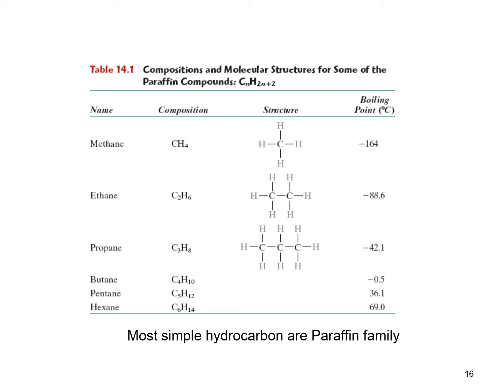We can also observe that the boiling point is increasing from -164 up to 69 degrees C for hexane, and these are some of the simple hydrocarbon from the paraffin family.